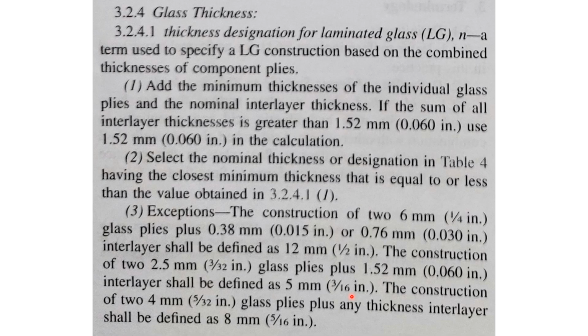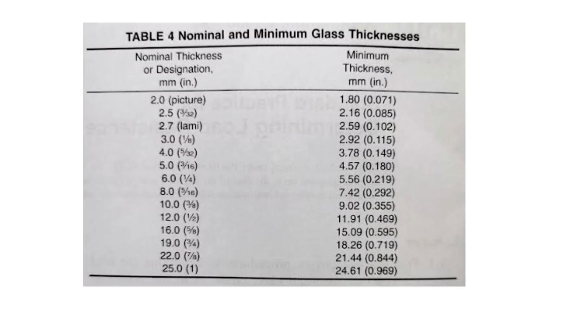We're just going to call 2 pieces of laminated 3/32 3/16, regardless of what the interlayer is. The construction of 2 5/32 glass plies plus any thickness interlayer shall be defined as 5/16. So these are some exceptions about how you calculate the interlayer on these very common and smaller types of lights.